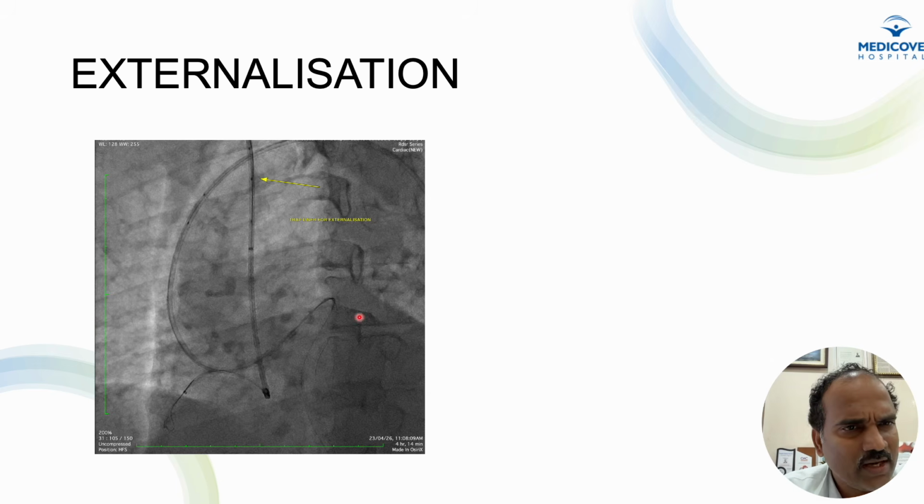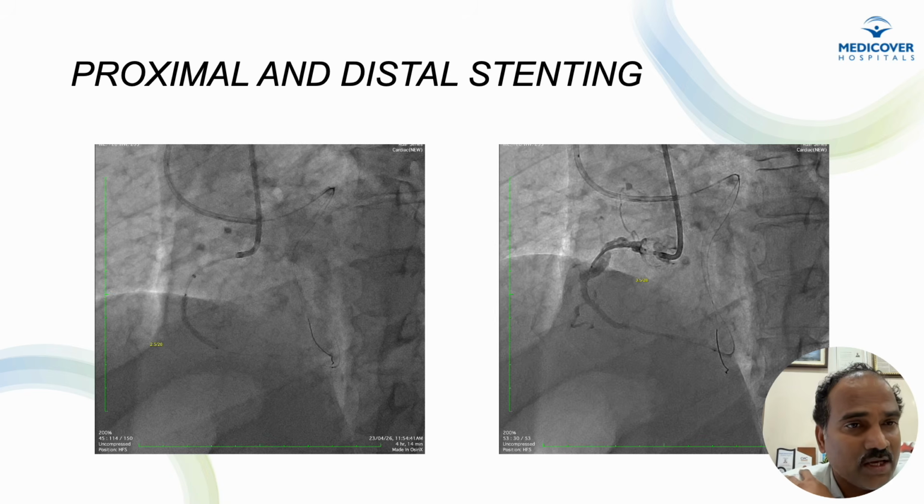And once the wire is in the guide extension, we externalized it. Externalization with RG wire was done, and after that, as planned, we did DES implantation in the CTO segment.